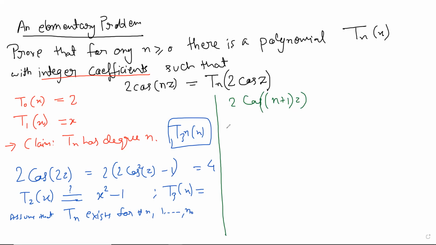And then we can just do this. No, this is nz, cos a cos b minus sine a sine b, right?